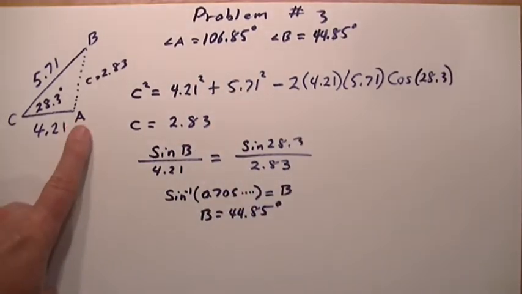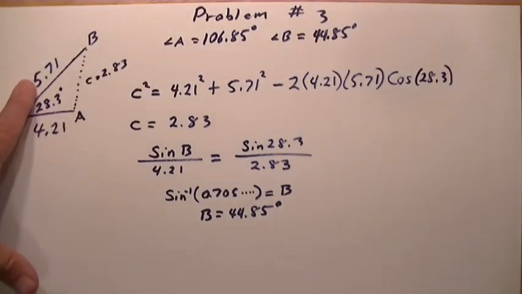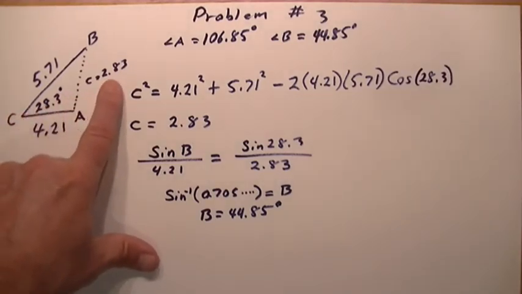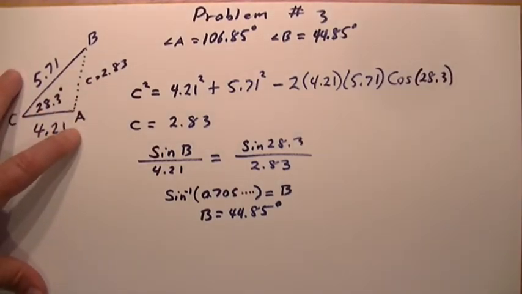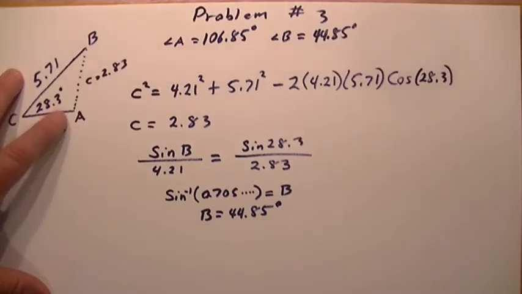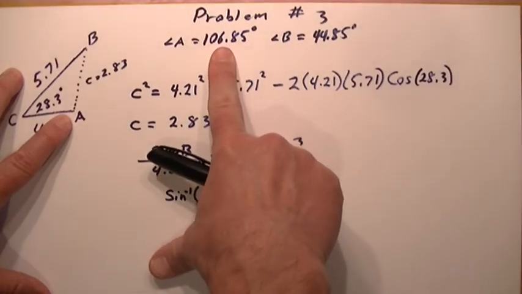If we had used the law of sines, sine of A is in proportion to 5.71 as the sine of 28.3 is to this, we would have actually calculated an angle of 73.05 for this angle. And that is wrong in an interesting way.